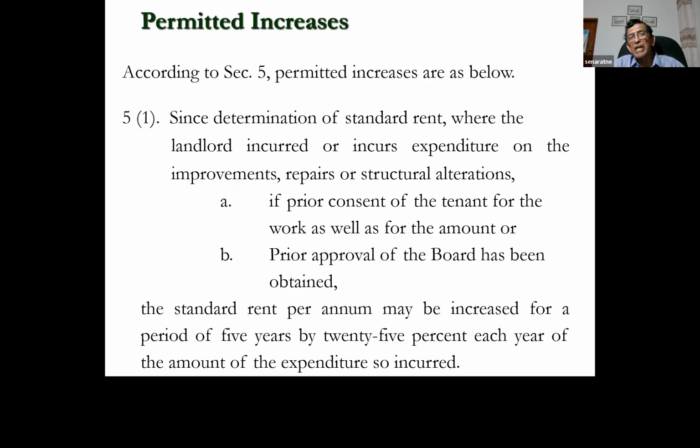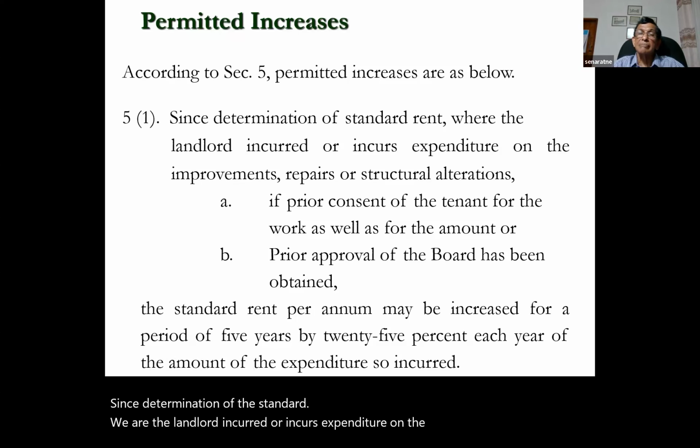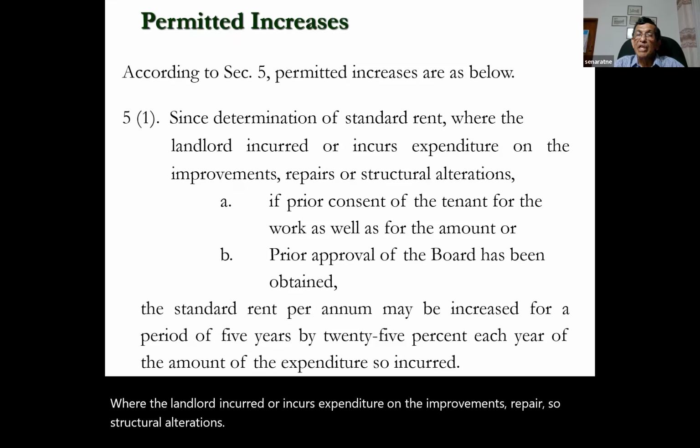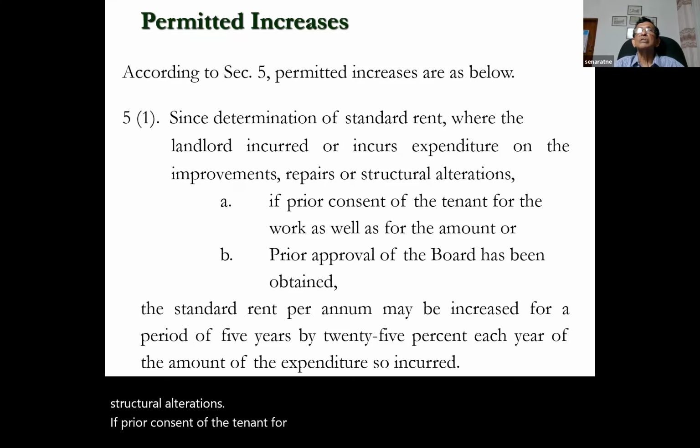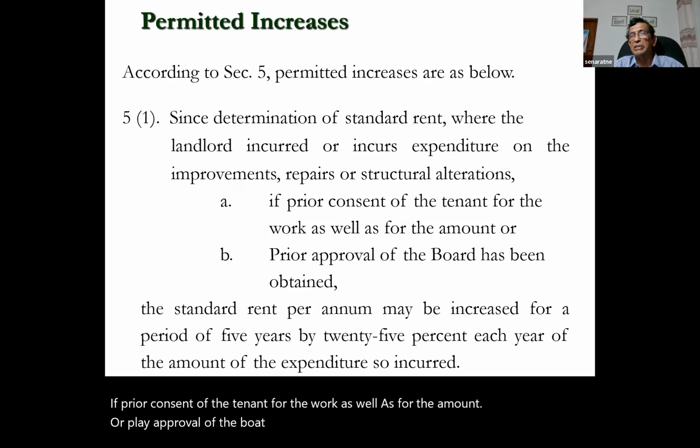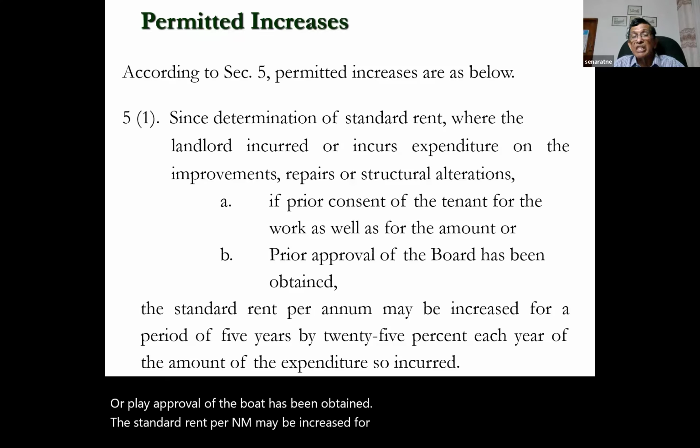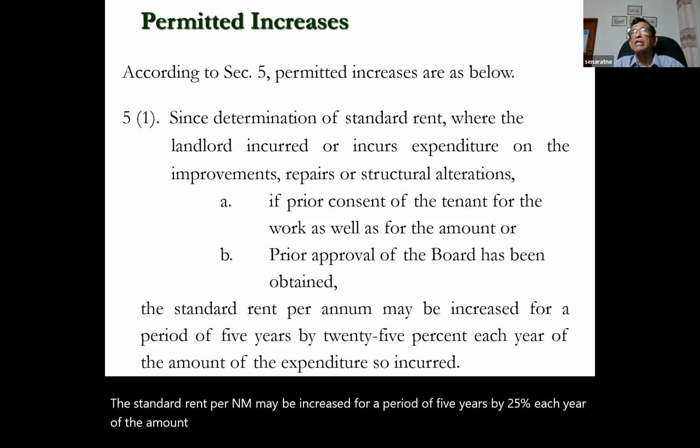Since determination of standard rent, where the landlord incurred or incurs expenditure on improvements, repairs, or structural alterations, if prior consent of the tenant for the work as well as for the amount, or prior approval of the board has been obtained, the standard rent per annum may be increased for a period of 5 years by 25% each year of the amount of the expenditure so incurred.